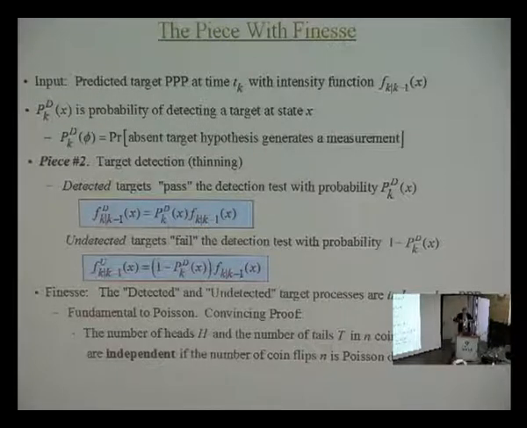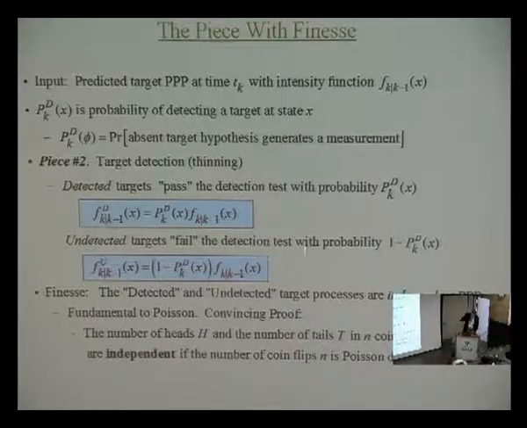I do this for any realization, and then I characterize the set of all realizations as its intensity function, and I wind up with 2 processes, one of those targets that I keep, and one of those targets that I don't keep, and these give you 2 different processes, those for detected targets and those for undetected targets.